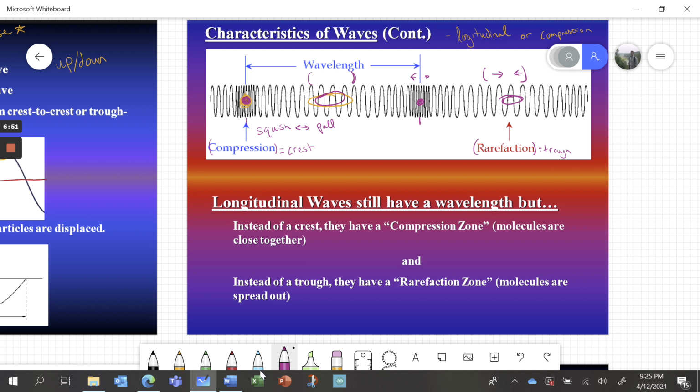They still have a wavelength, but instead of going from crest to crest, you go from compression to compression. So it looks different, it has different names, but it's really the same thing. Yeah, so that's basically that.